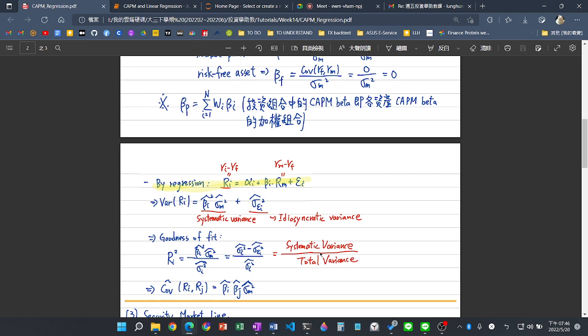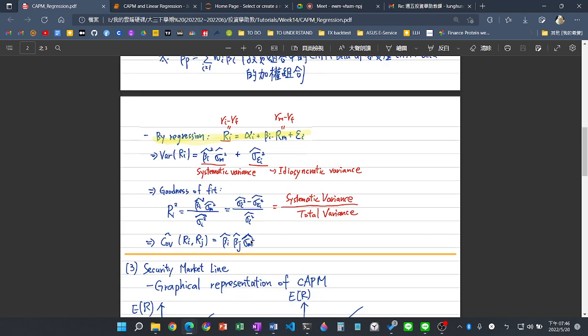So we want to know how much of the variance is from the systematic variance rather than the idiosyncratic variance. The formula here is very easy. You just get it from here, and that is what we call the goodness of fit. The next one is the covariance of stock i and stock j, which is defined as such.